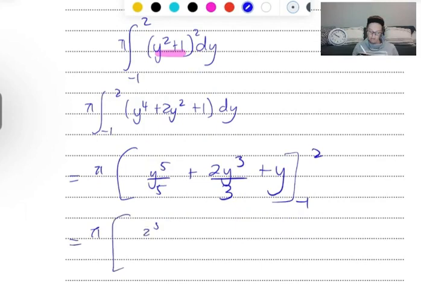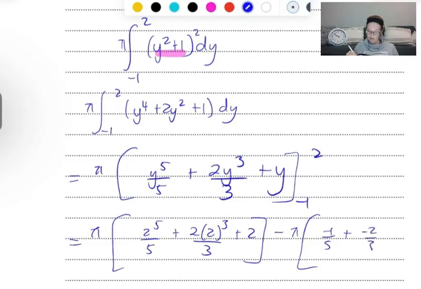Okay, to the power 5 over 5. Okay, so I'm just going to say minus 1 because it's an odd power. It's going to be minus 1. Okay, so this is also going to be minus 2 over 3, minus 1.